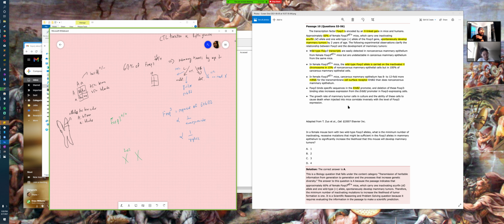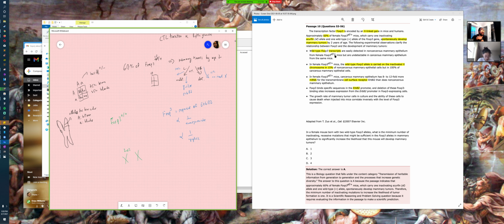Does transcript mean mRNA transcription? Okay. Yeah, transcripts.